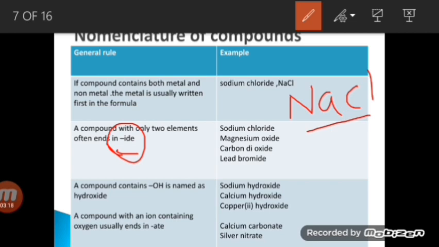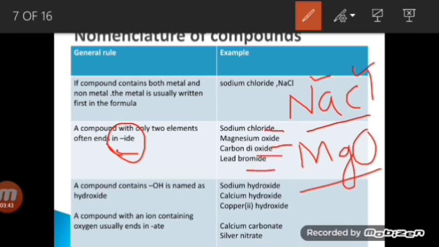Chloride has the -ide suffix at the end because there are two elements in this compound. If you look at the second example, magnesium oxide, here you can see again two elements are used in order to compose magnesium oxide. So oxide has -ide as a suffix at the end.